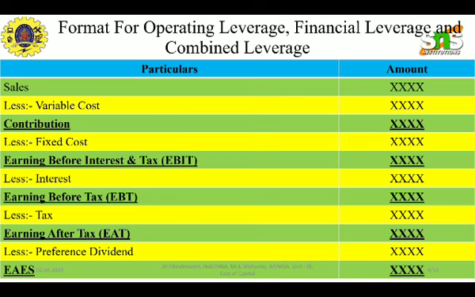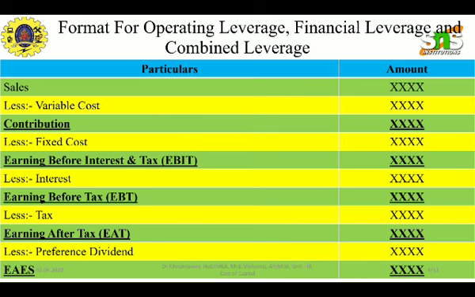Sales minus variable cost, we will get the contribution. Contribution minus fixed cost, we will get earning before interest and tax.